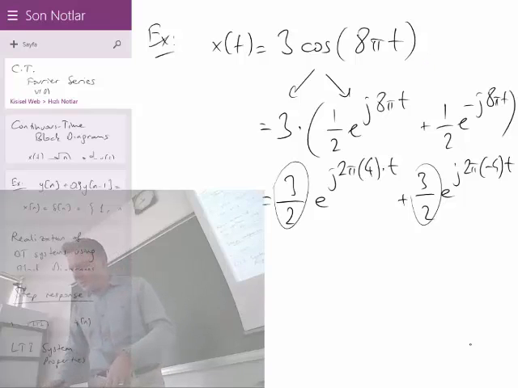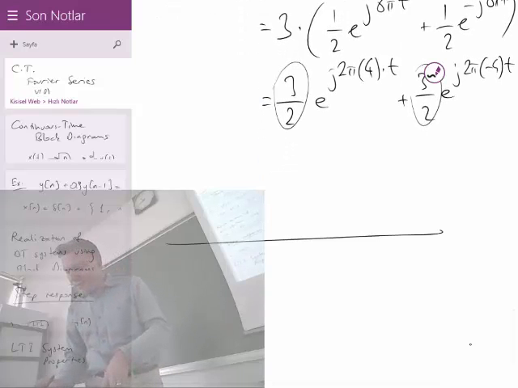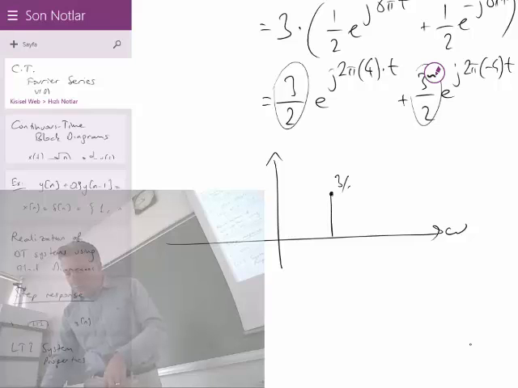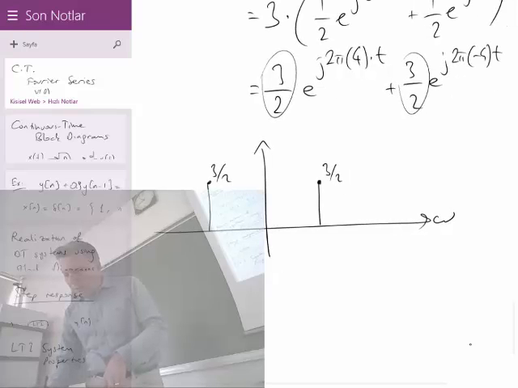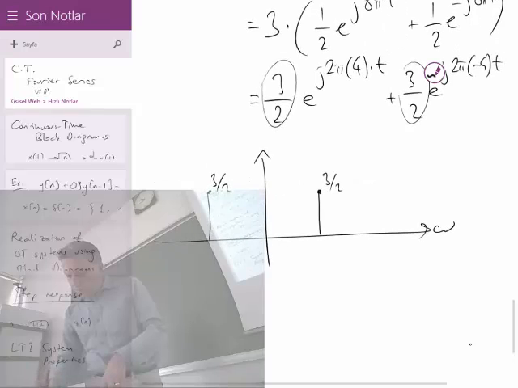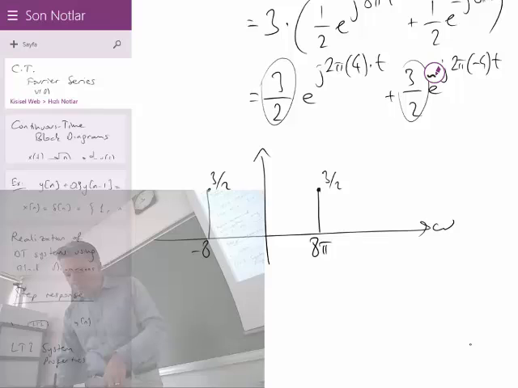So let's draw these things on the axis of omega. The magnitudes will be 3 over 2 and again 3 over 2 at 8 pi and minus 8 pi.